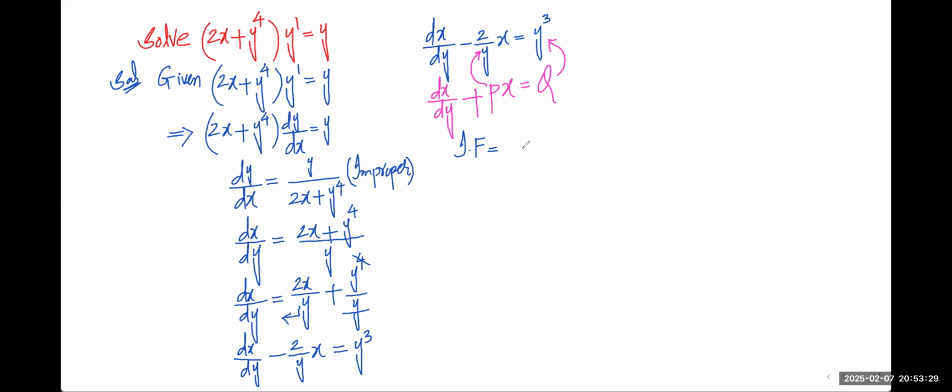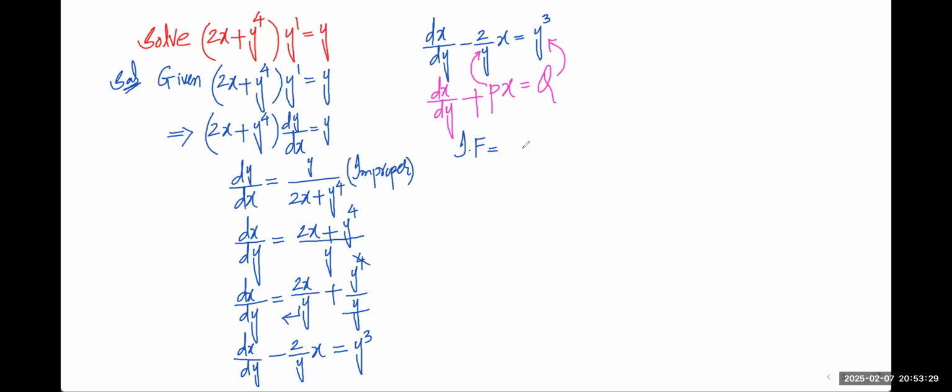Now we should write the solution. We have to write the solution in terms of x. x into integrating factor is equal to integral of q into integrating factor dx plus c. x is x only, we don't want to disturb.